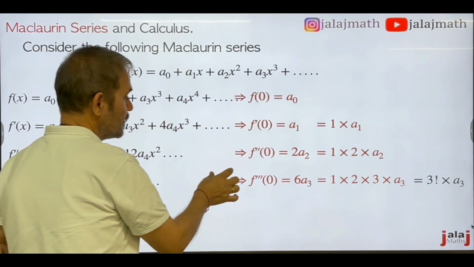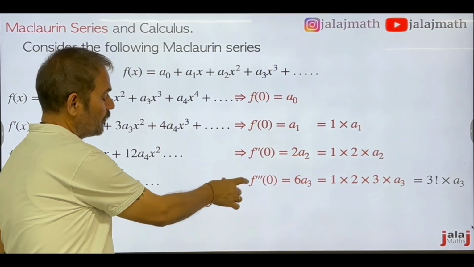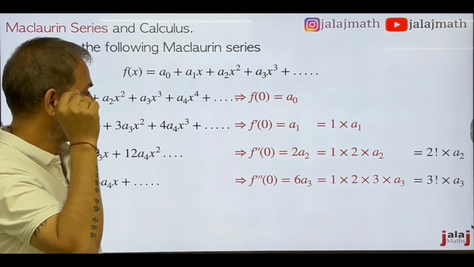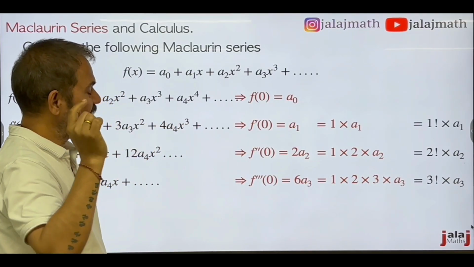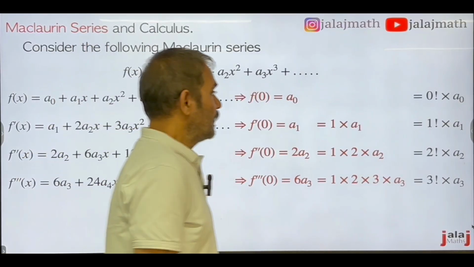So if we rewrite these derivatives in terms of factorial notation, this will be 3 factorial times a3, 2 factorial times a2, 1 factorial times a1, and 0 factorial times a0.